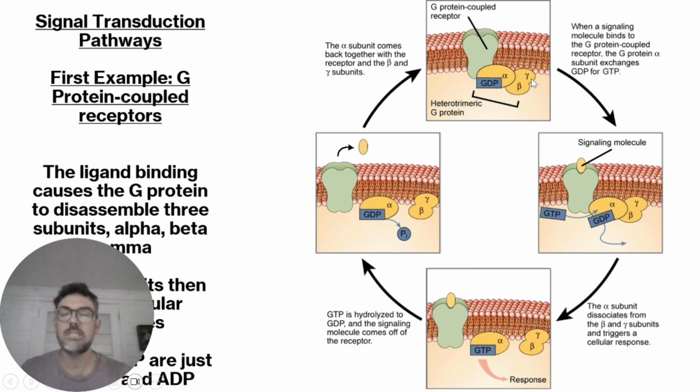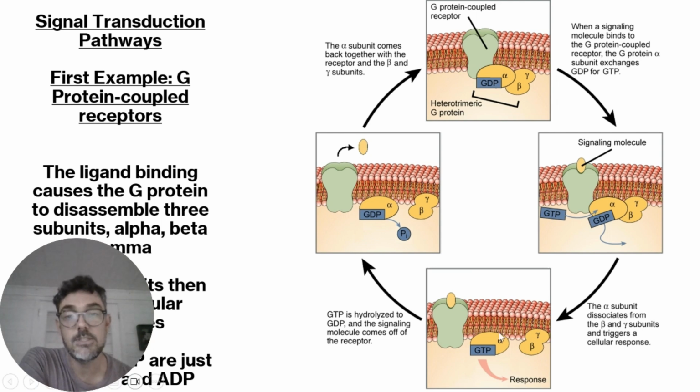To keep it simple, the beta and gamma subunits can detach, and they're the ones that go off and carry out the cellular process. So the way it works is the ligand binds to the G-coupled receptor, then the G protein disassembles, and the subunits initiate a cell response. So that's our pathway.